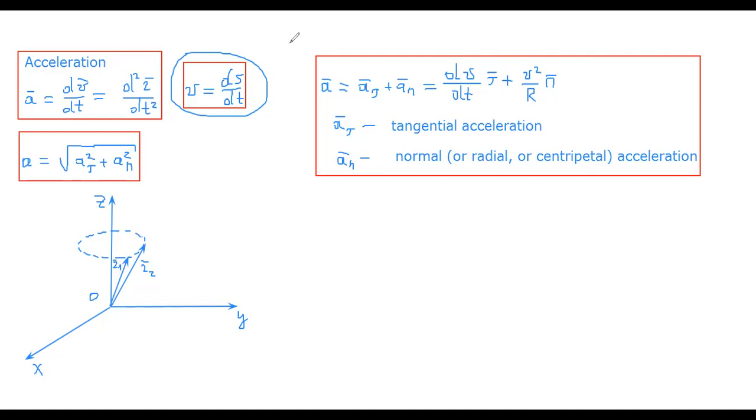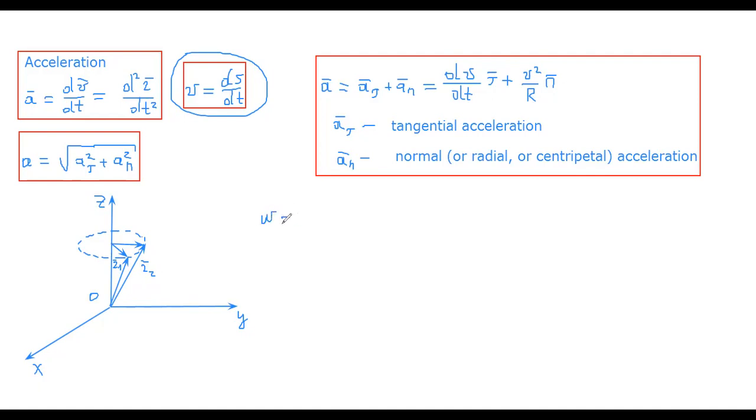And after time period delta t, we have some rotation by angle d phi. If we have turn by angle d phi, we can define angular velocity.